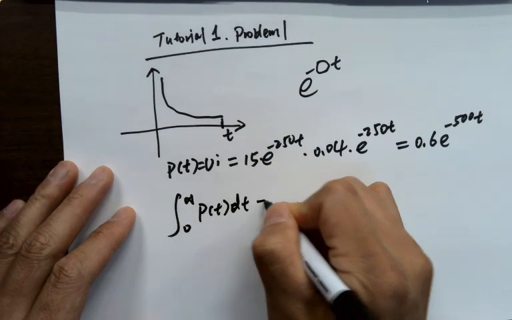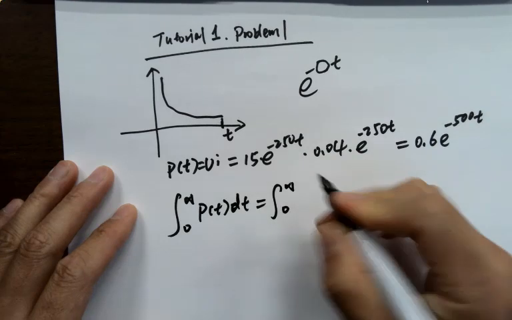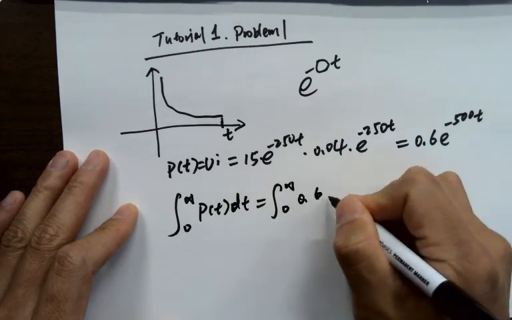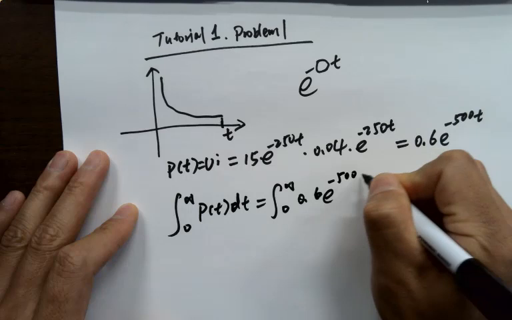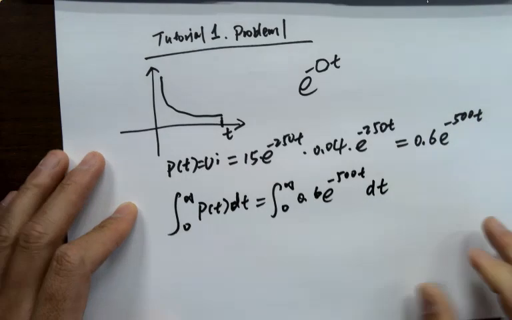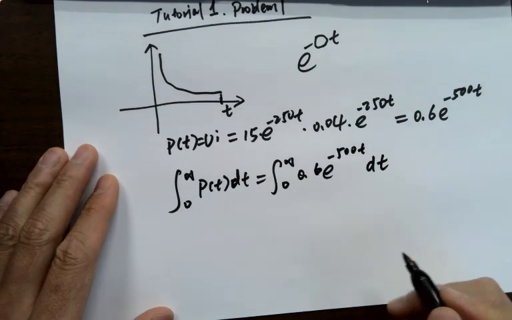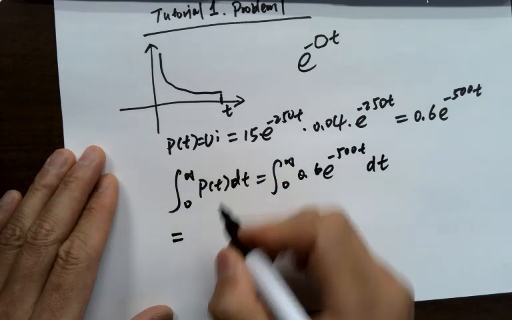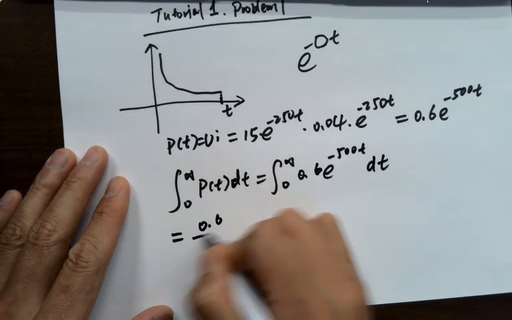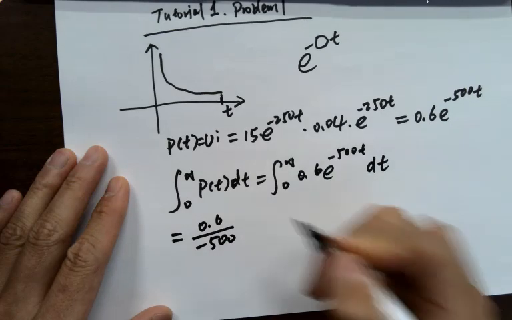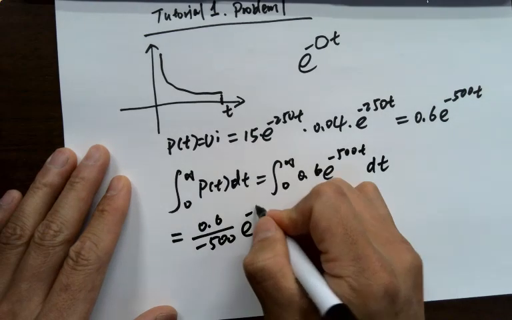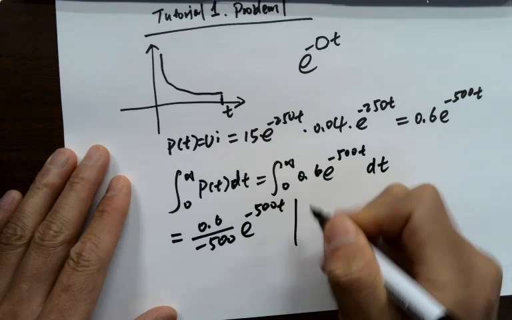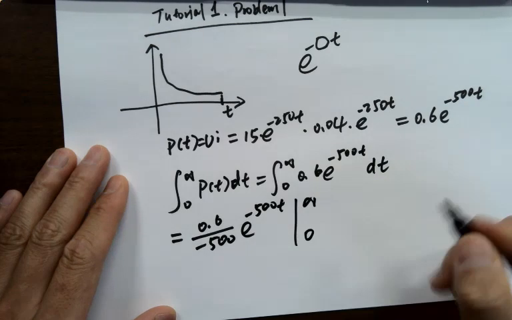dt, sorry, which is the integral from 0 to infinity of 0.6 e^(-500t) dt, which is 0.6 over negative 500 times e^(-500t), and the bounds are infinity and 0.